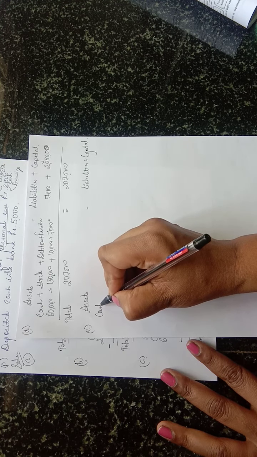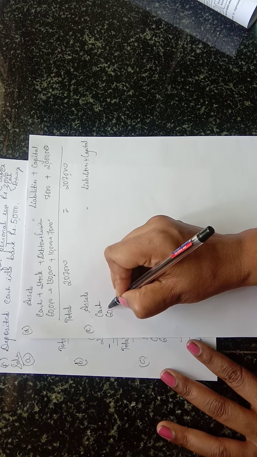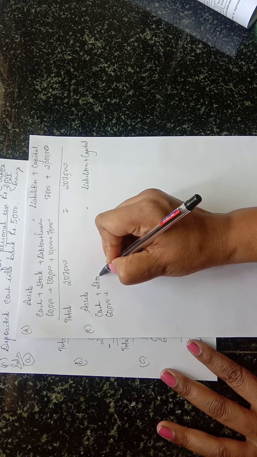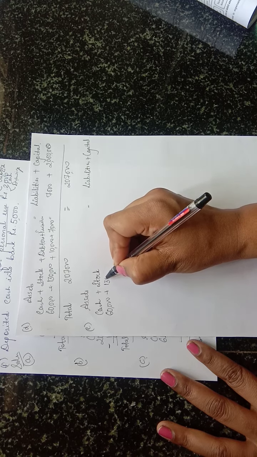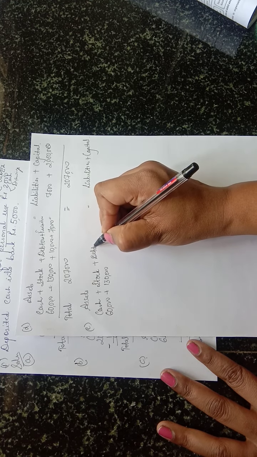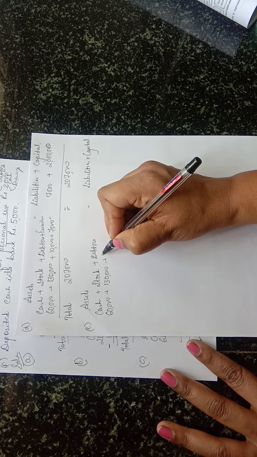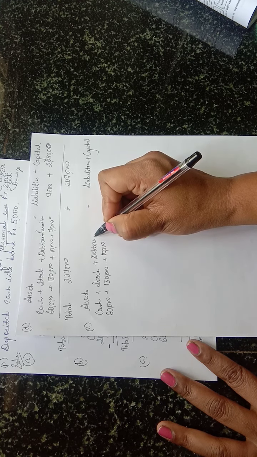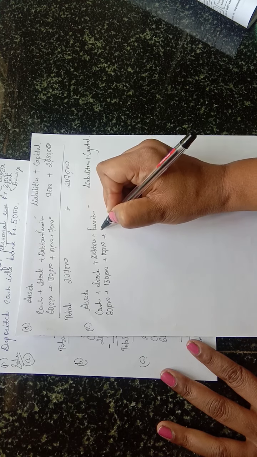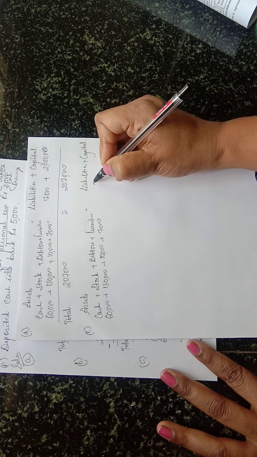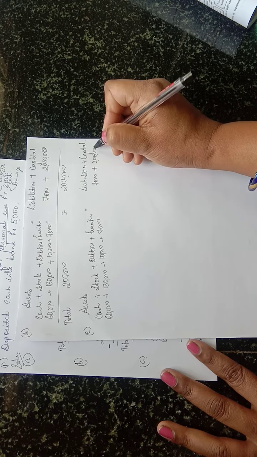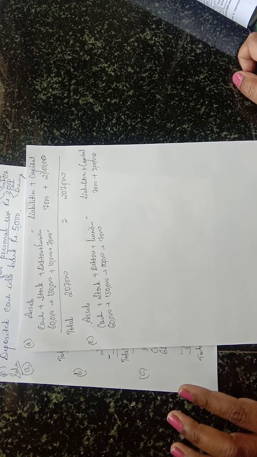Cash, how much do you have? 60,000, plus stock 1,30,000, plus debtors, how much? 10,000, plus furniture we have 7,000, and here liability 7,000 and capital 2 lakh, right? So that only we have taken.